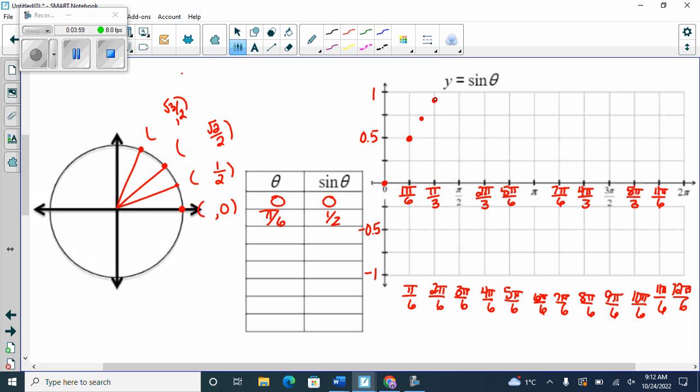Somewhere in there. And then pi over 2, it's something and 1. So do you see how I'm getting the y values that go with it? It's just the sine values, sine of 0, sine of pi over 2.